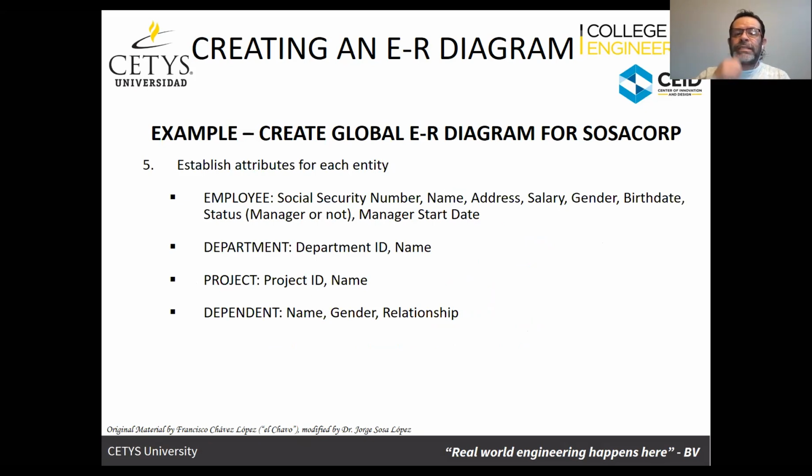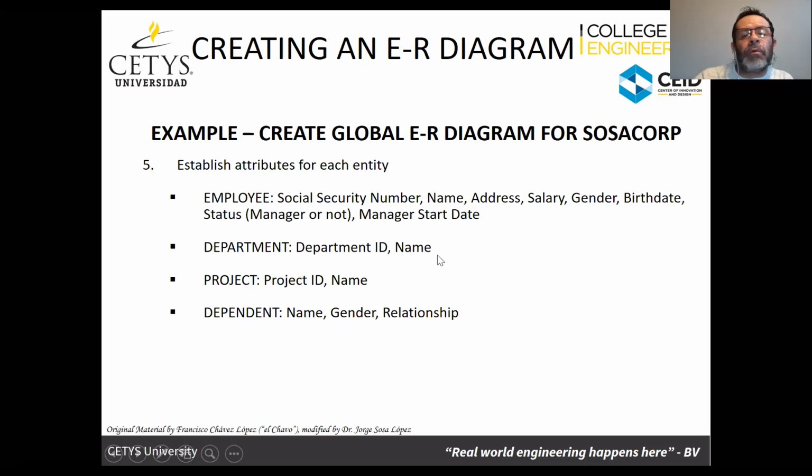And now we establish the attributes for each entity. From the definition of the problem, an employee has a social security number, a name, an address, a salary, a gender, a birth date, a status, whether he or she is a manager or not, and if a manager, their start date.